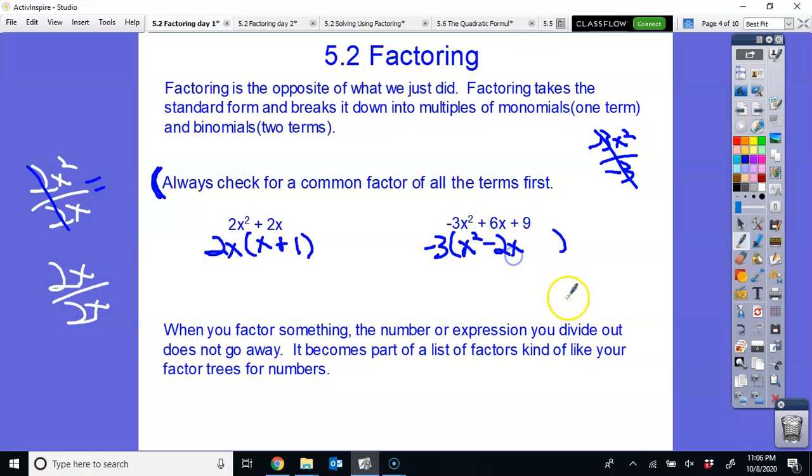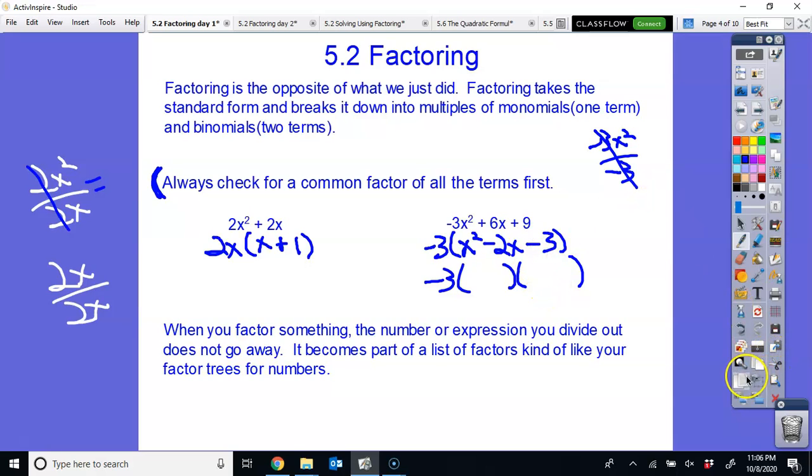That's negative 2x. What is 9 divided by negative 3? Negative 3. And then after we've divided out that number, what we're going to look at is, can we split this up further using our reverse of the FOIL method. It's called factoring. All of this is.